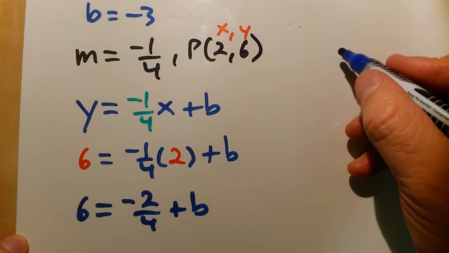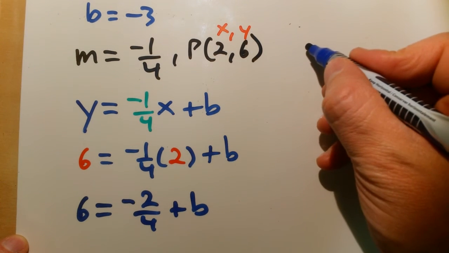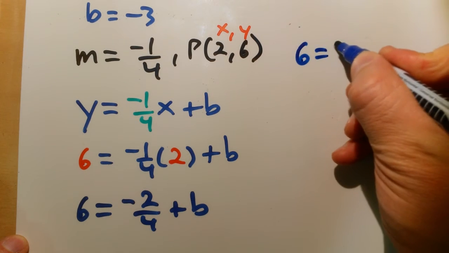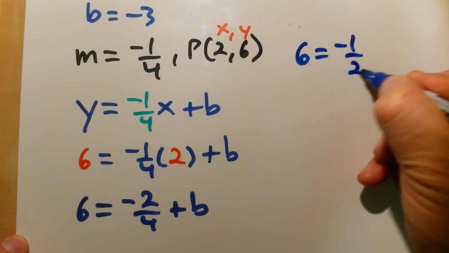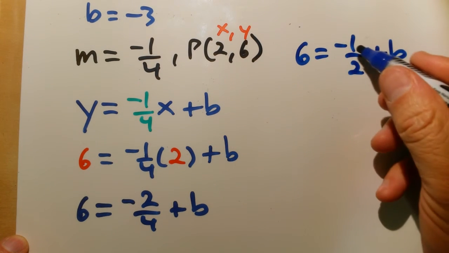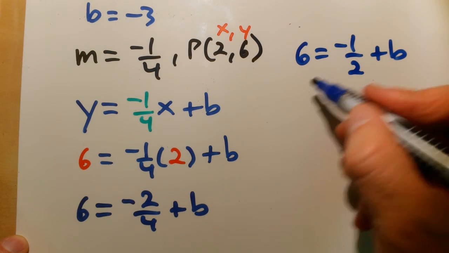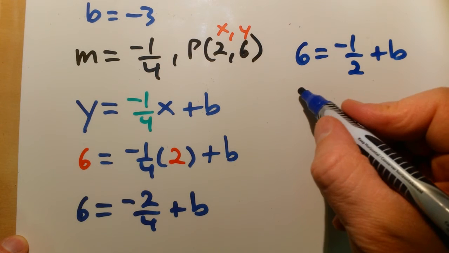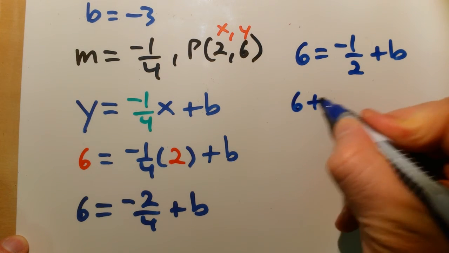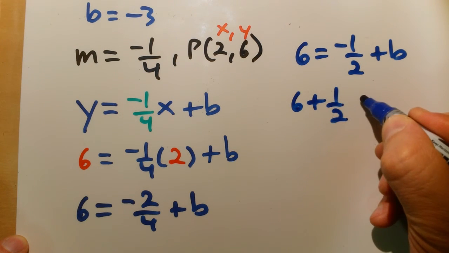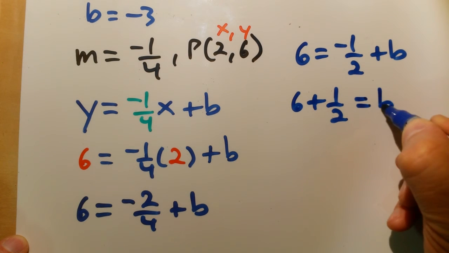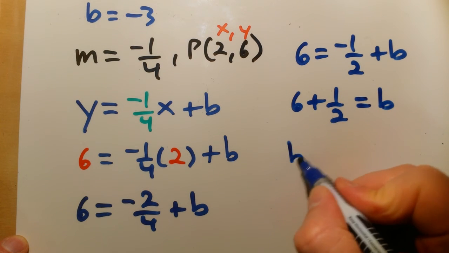So I'm going to continue over here. We write 6 equals negative 1 over 2 plus b, and now we need to solve for b. Negative 1 over 2, when we move it to the other side, becomes plus 1 over 2. So essentially we have 6 plus 1 over 2 equals b.